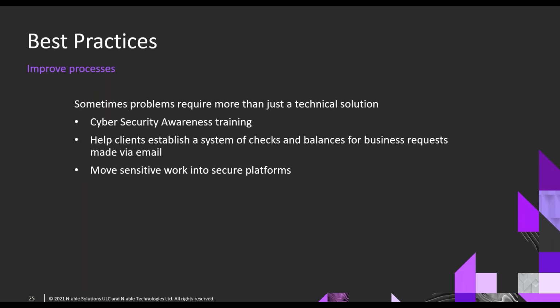And also move sensitive work into secure platforms. There are a lot of businesses that run their business completely out of email. And while it is functional in the sense that you can get things done with it, sometimes it doesn't scale well, and it is definitely not the most secure way of doing it.